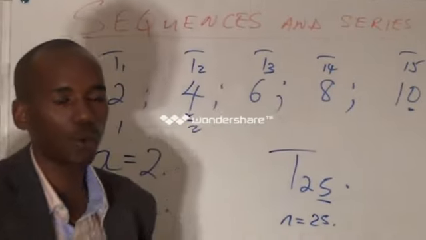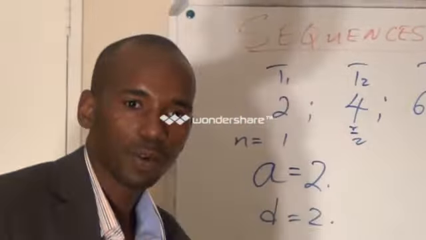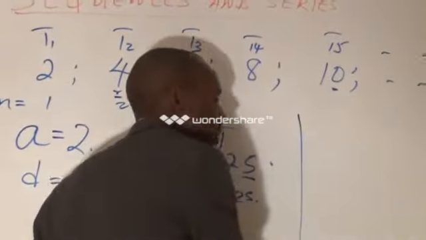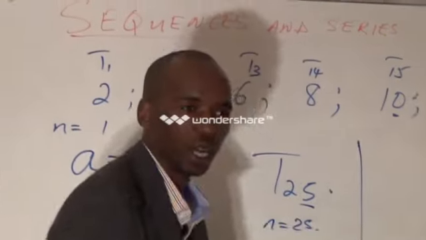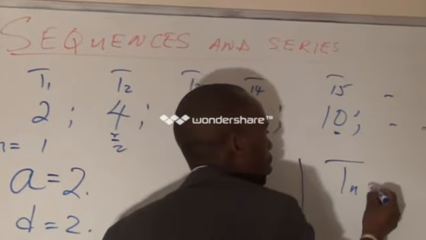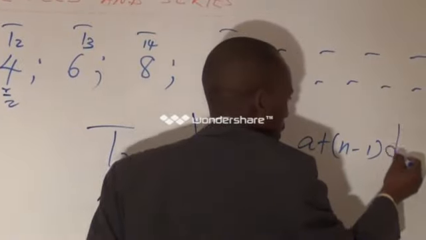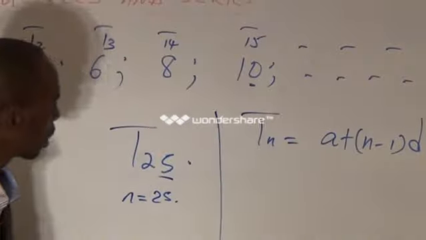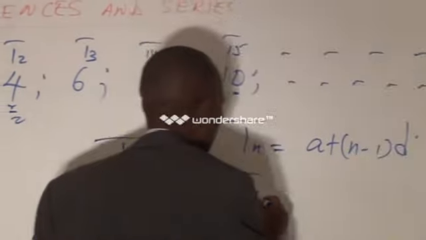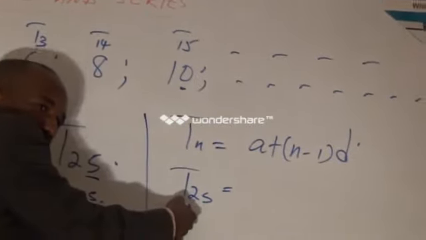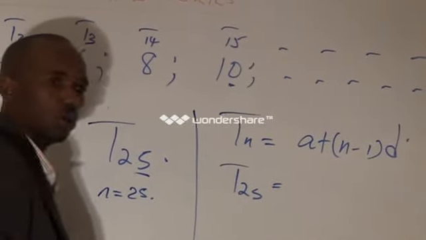So if I want to find T25, what do I do? I know that in general, for a sequence arithmetic in nature, my nth term is always Tn is equal to a plus n minus 1 times d. So now somebody comes and says find T25. n equal to 25. Our first term is 2.